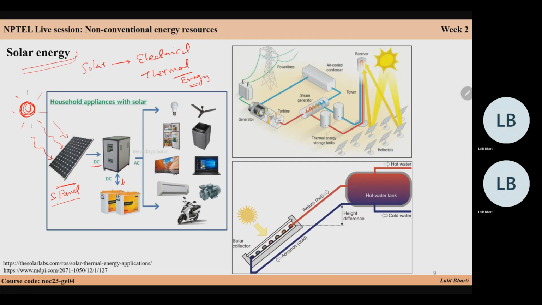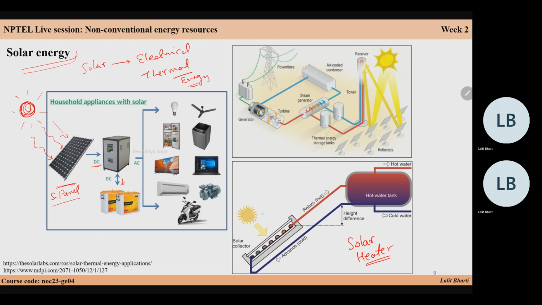Here at the right side, you can see a solar heater, which you might have seen on the rooftop of some houses. It basically uses solar power and converts it into thermal power.